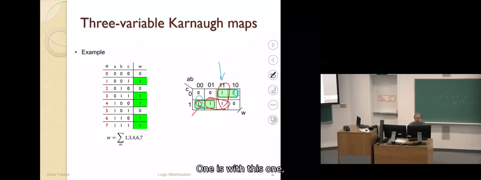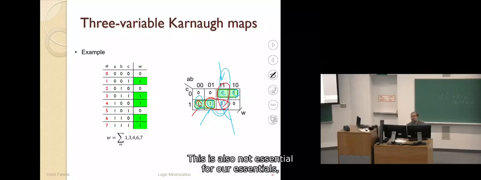One is with this one, the other which is already covered. The other one could be covered with this implicant. So it is not essential. Also, we have this one which has 2 terms. One is covered by the first term, and the other could be covered by this one. So this is also not essential. So our essentials are only those 2.